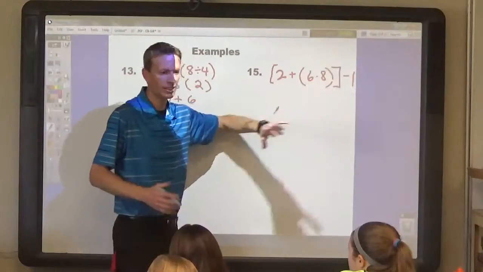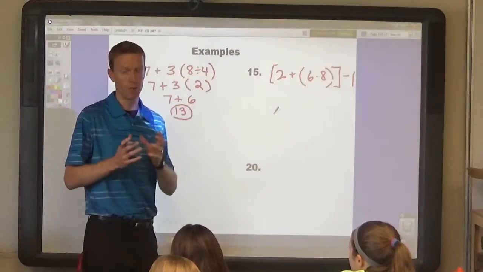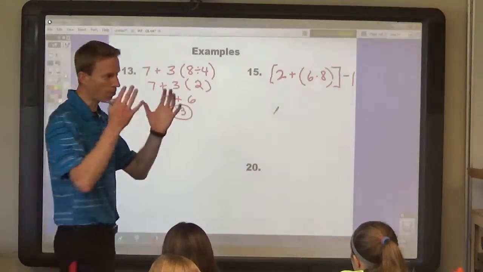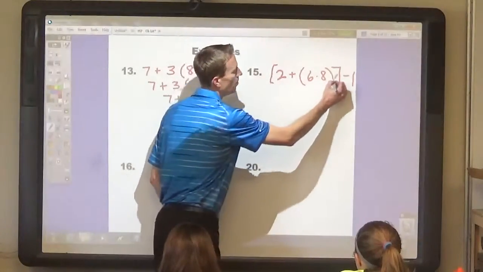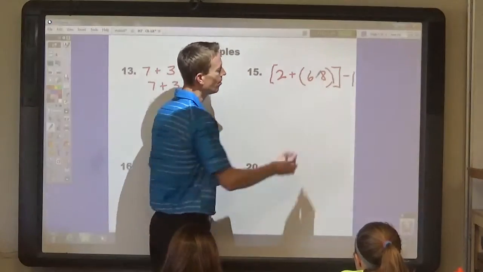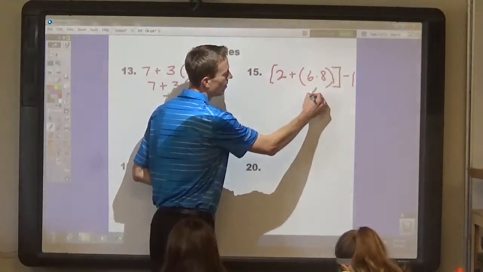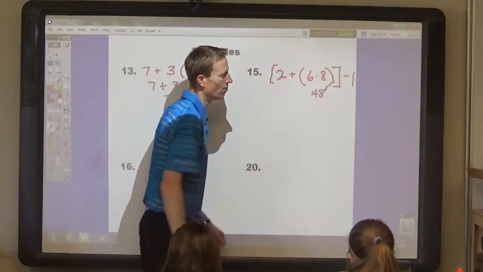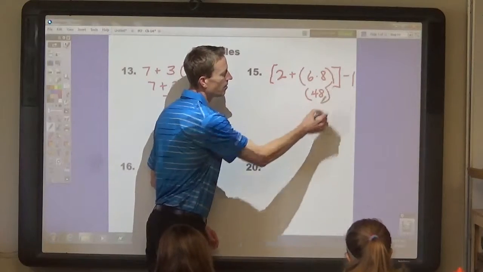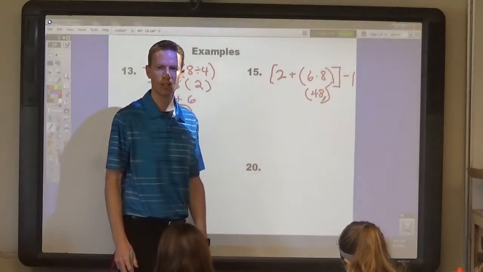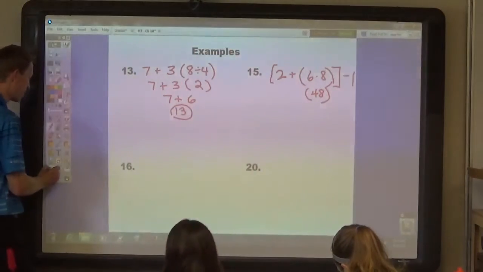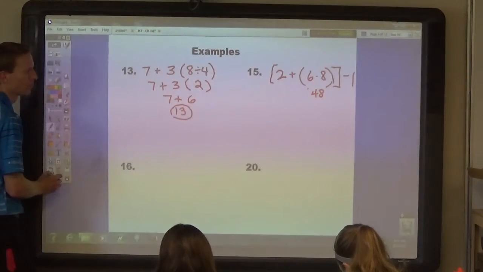Brackets work the same as parentheses. They mean multiplication. They separate things. So, the bracket, 6 times 8 inside the bracket. What is that, class? 48. Then we need the parentheses. Do we need the parentheses anymore? No, you don't. What was the purpose of the parentheses there? To do it first.